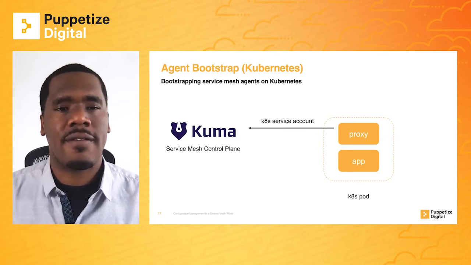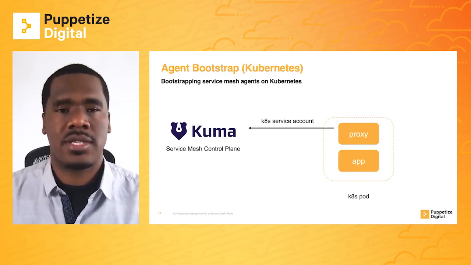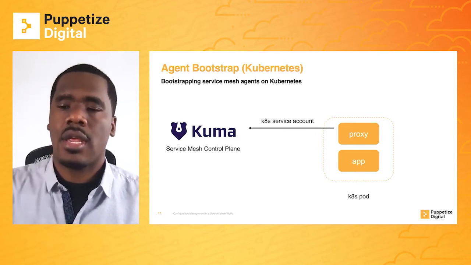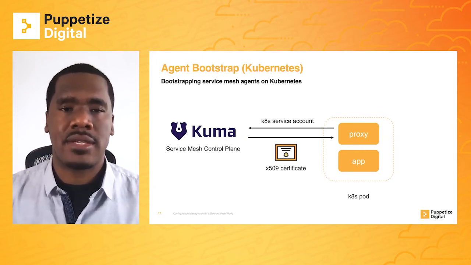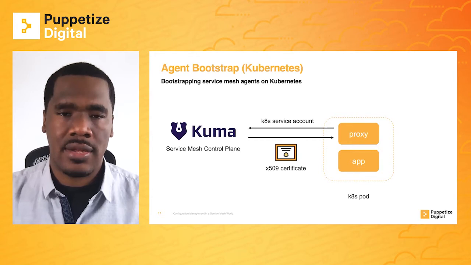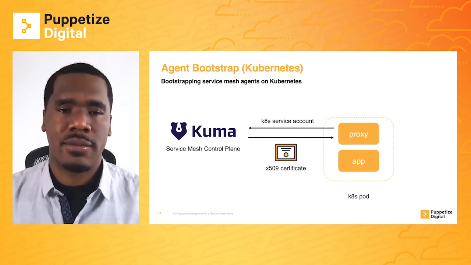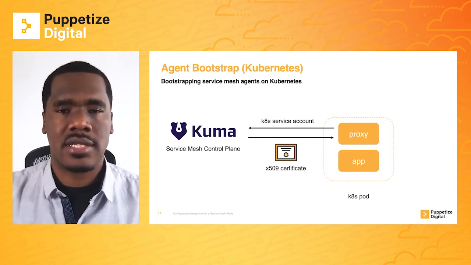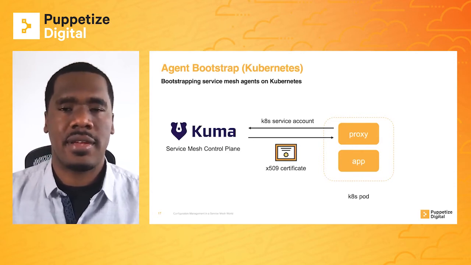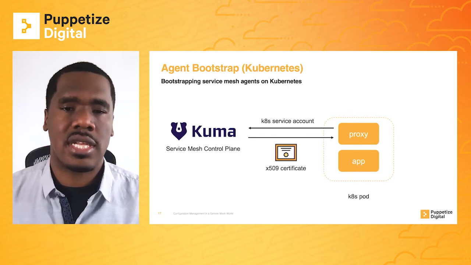And then it can do that verification to say, oh, yes, you're this particular workload. Great. Now, here is your X509 certificate that matches your identity, which will be leveraged by the mutual TLS piece, as well as workload policies to provide the capability of and the advantages of mutual TLS.